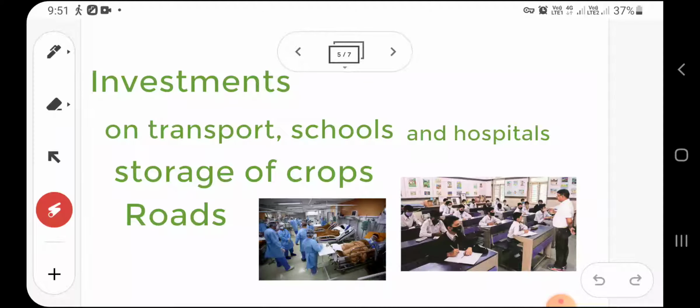To construct schools and hospitals, during construction time they need workers, so that time they can create employment. After constructing schools and hospitals they need employees, so they recruit employees. Like that we can create more employment by establishing these.